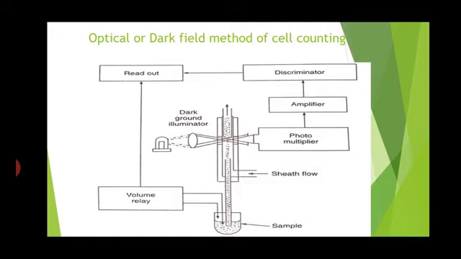So the light pulses captured by the cathode of the photomultiplier are converted into electrical pulses, and that train of pulses is given to the amplifier. In the amplifier the signals are amplified, and then pass through the discriminator. The discriminator allows only pulses of the same amplitude, and using those pulses the counter is triggered, and you get the digital count of the cells.